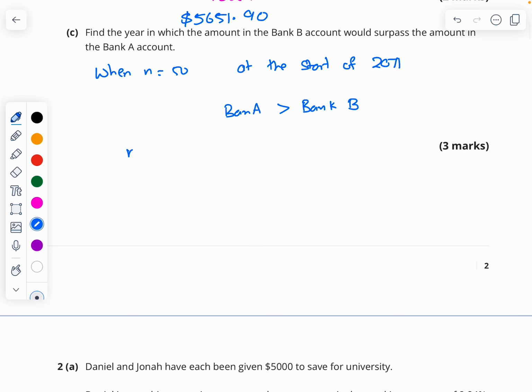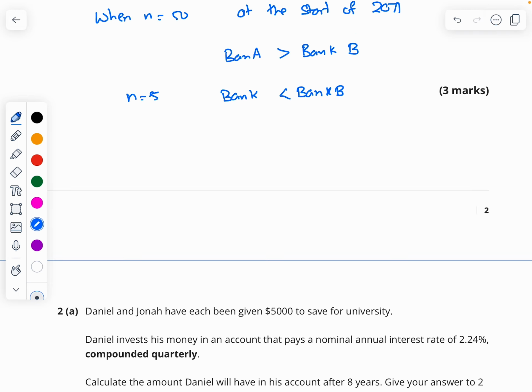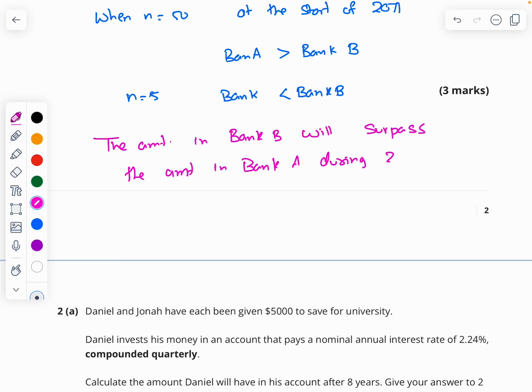When N equals 51, Bank A will be less than Bank B. So what you can write over here is: the amount in Bank B will surpass the amount in Bank A during 2071.